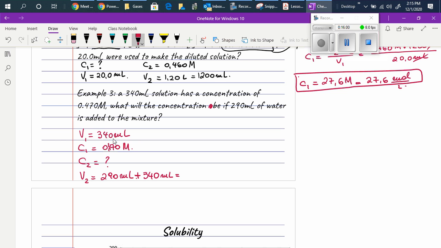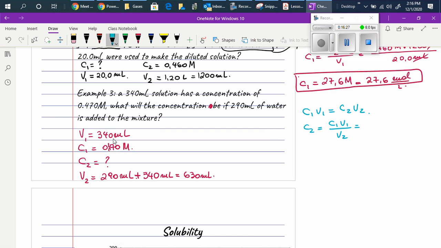So the total volume after you are adding 290 milliliters of water will be 630 milliliters. So now we start with the C1V1 = C2V2 dilution formula, and we are looking for C2, which will be C1V1 over V2.